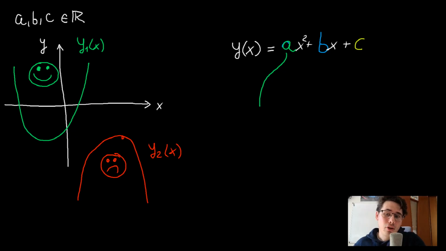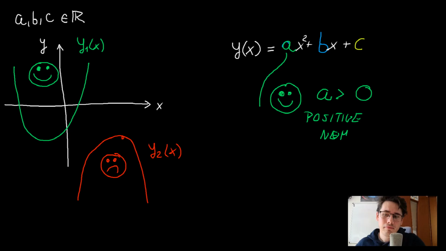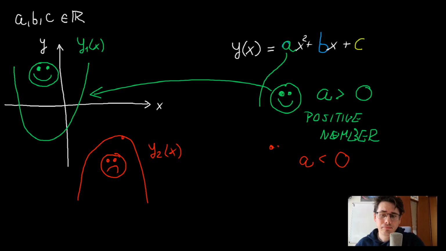It is the green shape, so if it's a positive number, then we draw it this way. If it's a negative number, so a is smaller than 0, then we have a frown face.